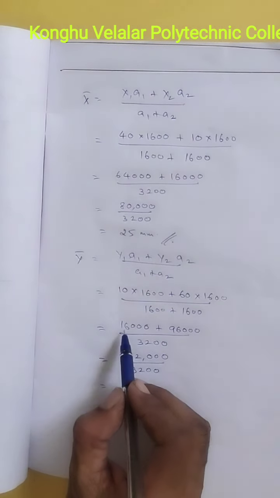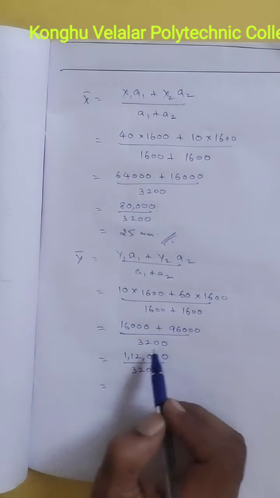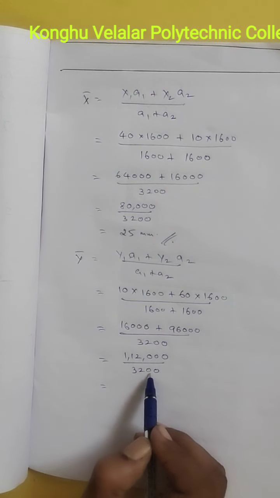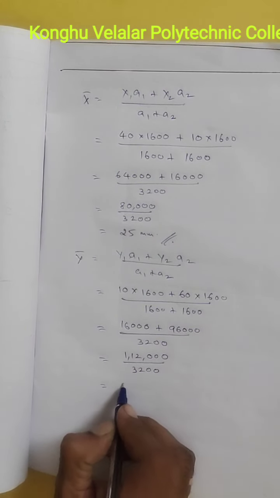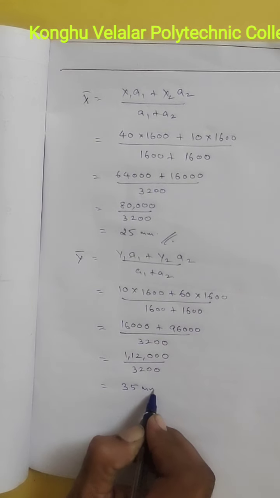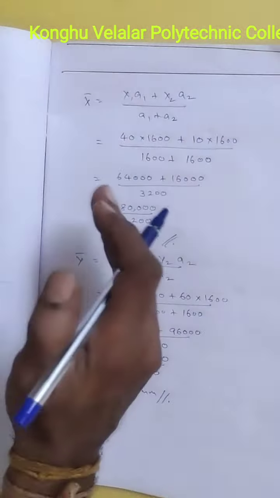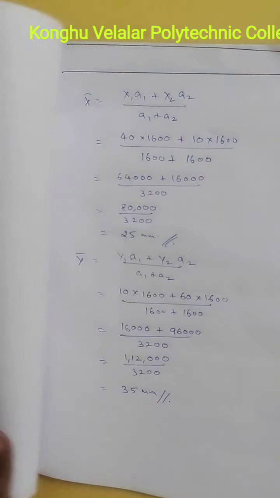So you get 16,000 plus 96,000 divided by 3,200, that is 1,12,000 divided by 3,200, you get 35 as the answer. So x bar is 25 mm and y bar is 35 mm.